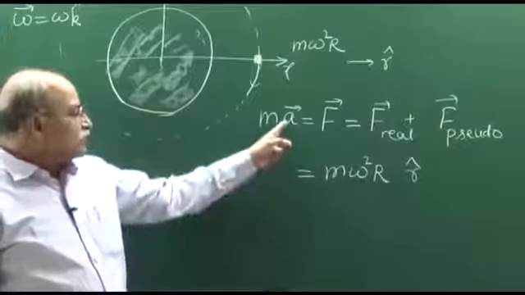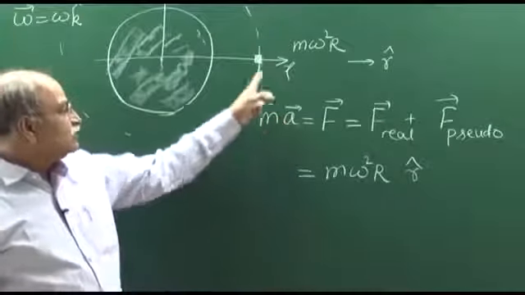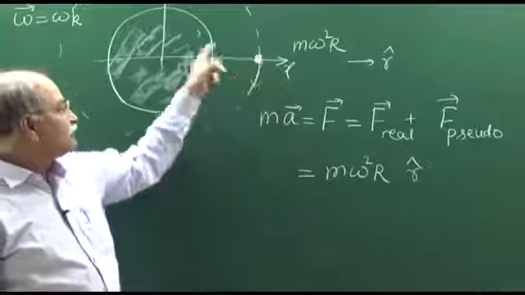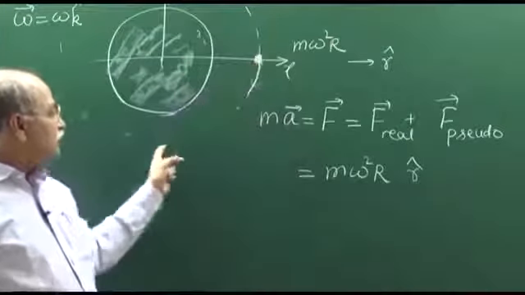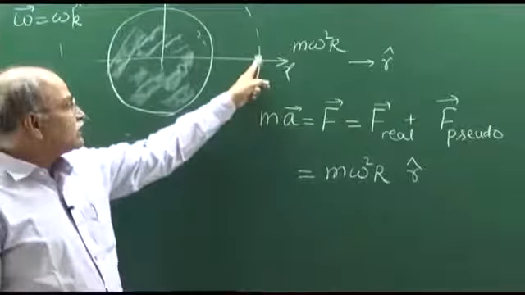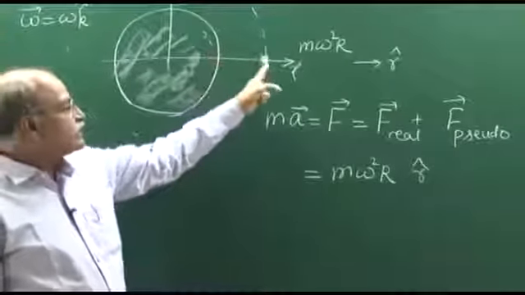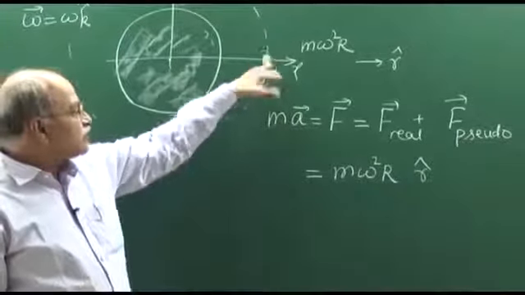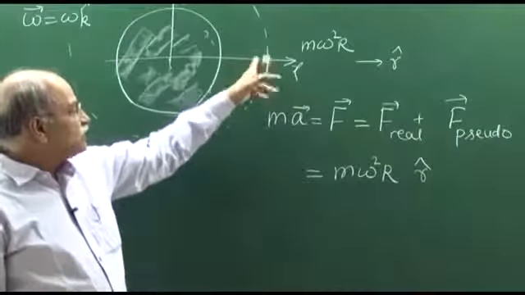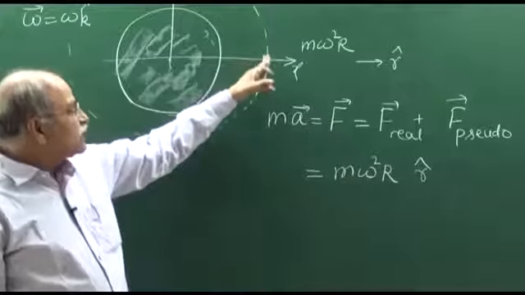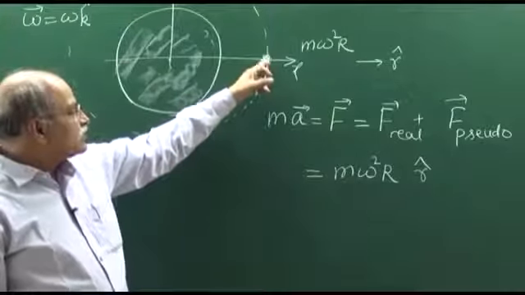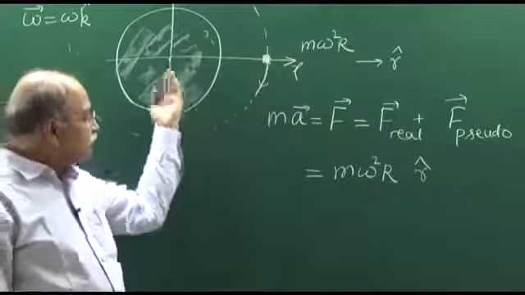But then acceleration of this particle as seen from this frame, it is going in a circular path, and therefore, the acceleration has to be towards the center, and the acceleration is v square divided by r, which will be equal to omega square times r, but that will be in this direction.